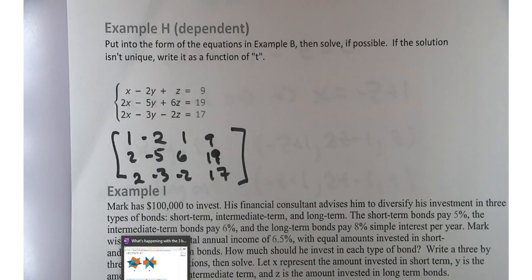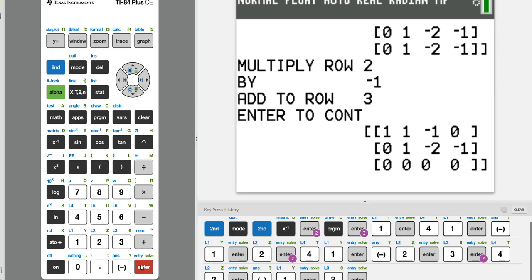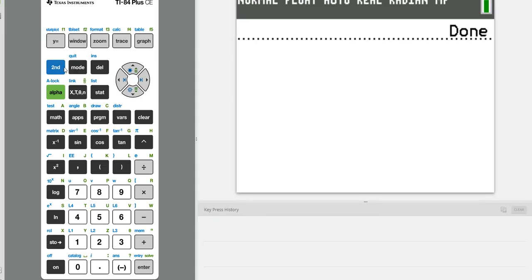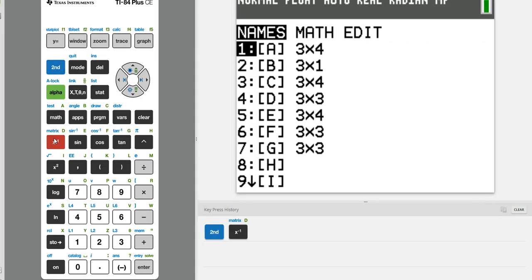And we're going to get another example of a dependent system of equations. Let's see what that gives us. So let me exit out of here. Let's plug in that matrix. So go over to edit.